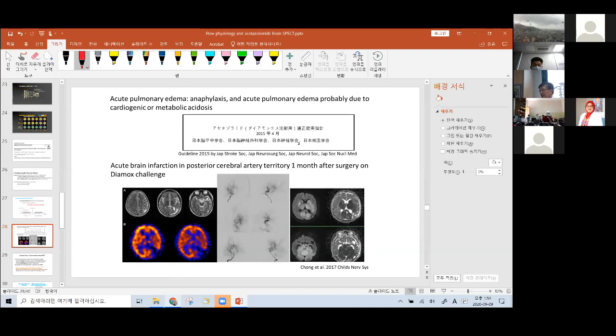For the right side operation, Diamox was given, and HMPAO was given, but during imaging the patient collapsed, and with resuscitation we could save the heart and the lung. However, her brain did not come back. These are the images, which show extensive posterior infarction with tentorial herniation. So we lost a patient.